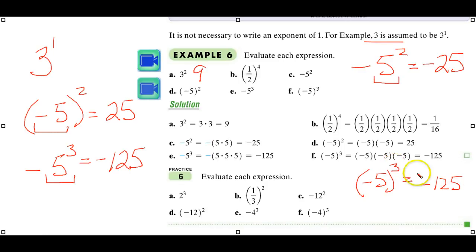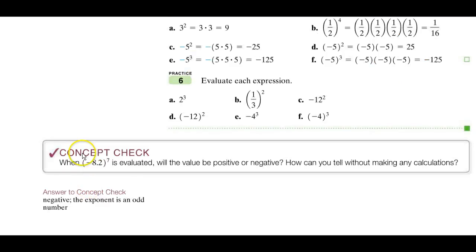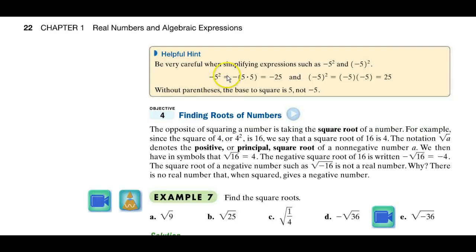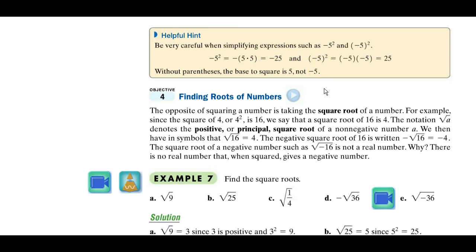If it's even, you're going to get positive. Okay. And a concept check, they have these every once in a while. The exponent is odd, so what will be the sign of the answer? Odd, without making the calculation, because the exponent is an odd value. Okay, some helpful hints that I believe we've covered, and let's move on.